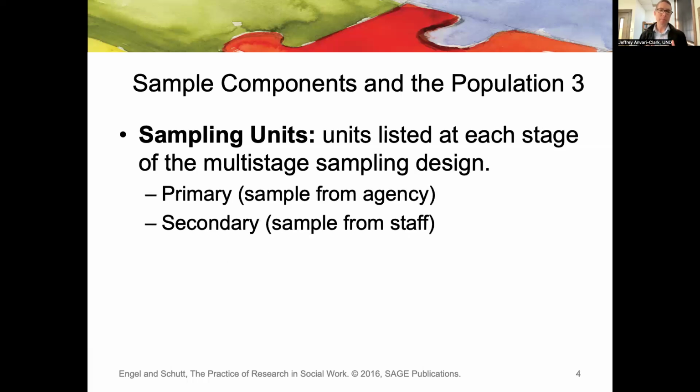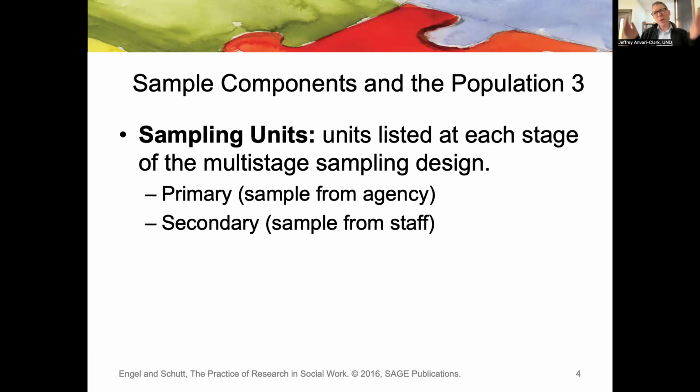And then we have the sampling units. And so, within this would be the individuals listed at each stage, perhaps of a multiple sampling design. So you could have a primary sampling unit because you're looking at organizations and agencies. And so you sample maybe 15 different agencies.